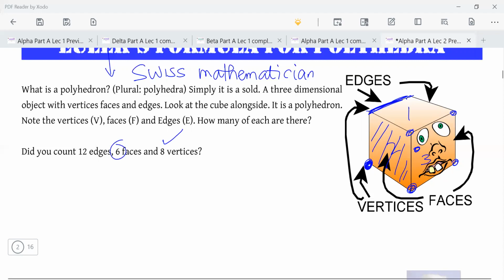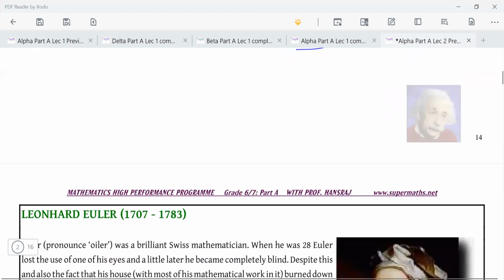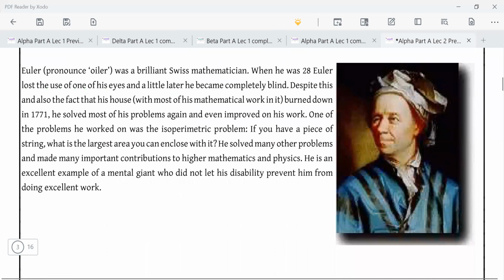There are 6. And how many edges? Well, it's 1, 2, 3, 4 below it. It's 4 plus 4, 8. And you also have these 4 going downwards, 1 on the back. So there's altogether 12.